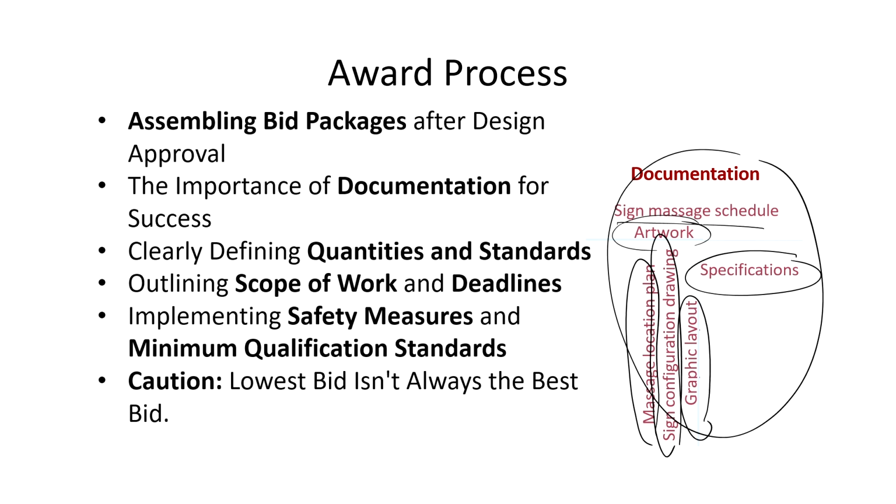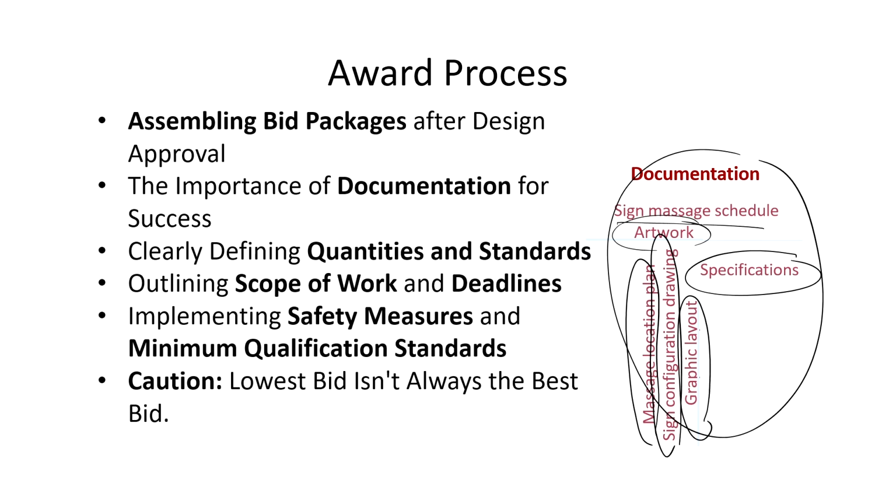Implementing safety measures such as minimum qualification standards is vital to ensure that the quality and integrity of the project is met. Reviewing past projects or prototypes can provide valuable insight and best practices and avoid potential risks. We also have to understand that the lowest bid isn't always the best bid.